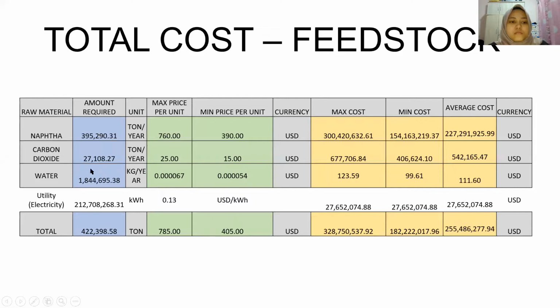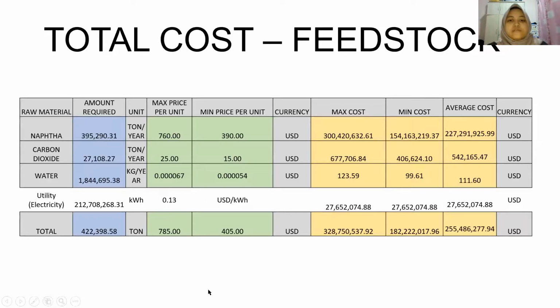This is for the water, carbon dioxide, and electricity. The maximum price of our raw material is 760 USD, and the minimum price is 390 USD. The price of our electricity is 0.13 USD per kilowatt.